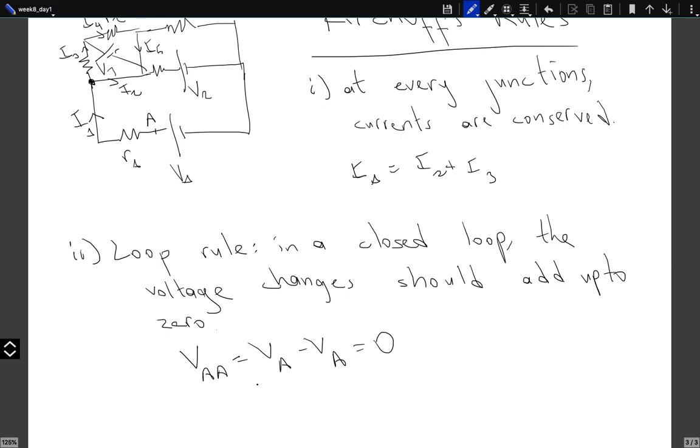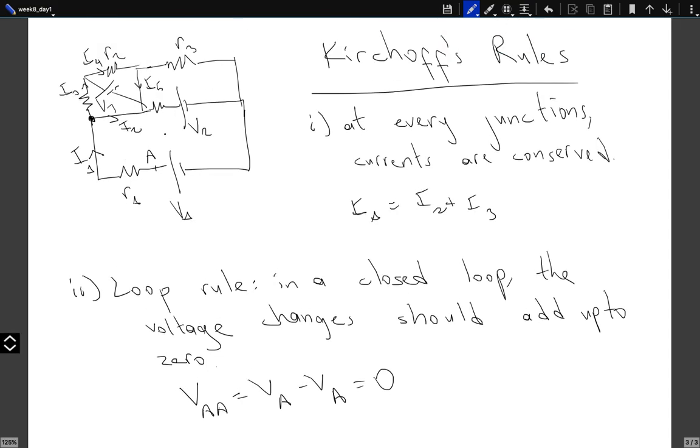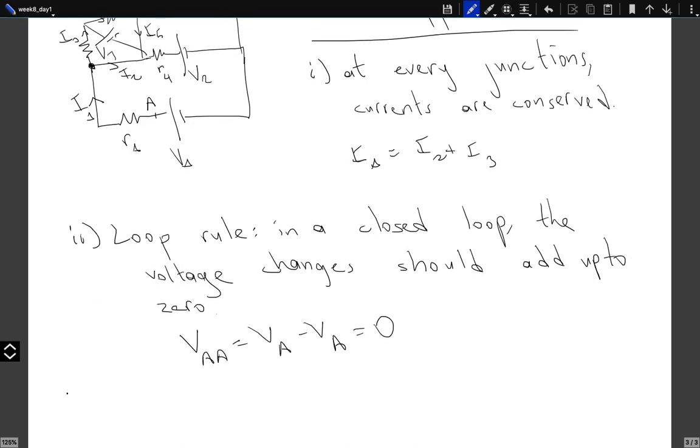In this example, let's see. Let me give some names to the resistors. This was R1, R2, R3. Let me call this R4. In the above example, well, let's see.